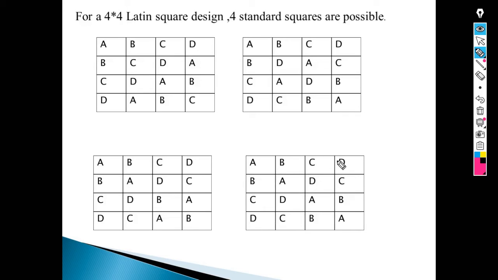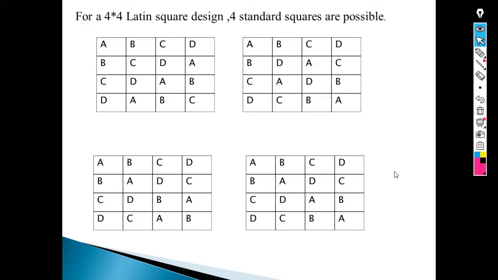Similarly, we get our fourth standard Latin square. So when we consider a 4 cross 4 Latin square design, we get 4 standard squares. When we increase the number of treatments for comparison, we get a larger number of standard squares for that design. So this is what the Latin square design is.